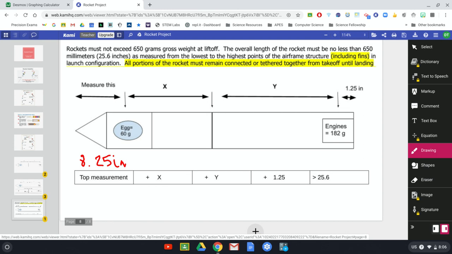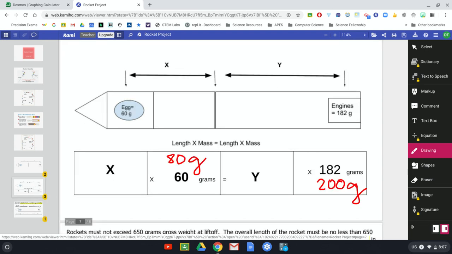So think back to Integrated 1, Systems of Equations, Chapter 5. We are now having to solve a system of equations, and we're looking for what X and Y can meet both sets of conditions. So not only do they have to measure to be at least 25.6 inches, but they also have to meet the condition of X times the mass that you decided for your crew capsule has to be able to equal Y times the mass of the engine mount.